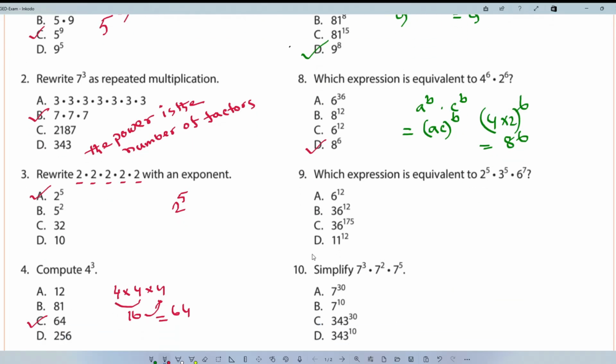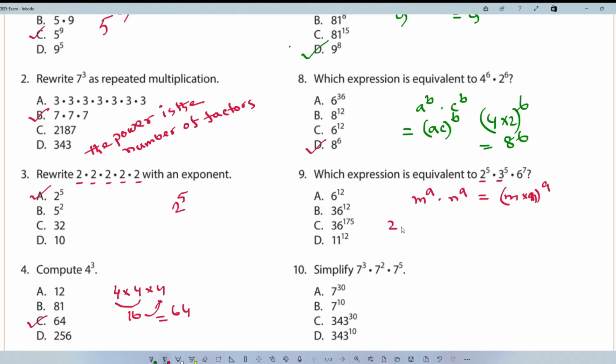Number 9. Which expression is equivalent to 2 to the power 5 times 3 to the power 5 times 6 to the power 7? Now look, here the 2 has power 5 and the 3 has power 5. We know m to the power a times n to the power a means m times n to the power a.